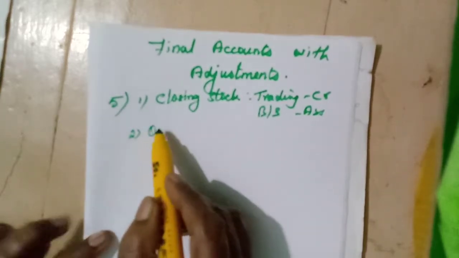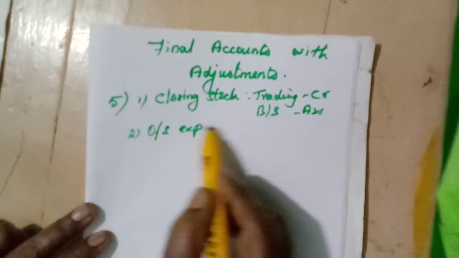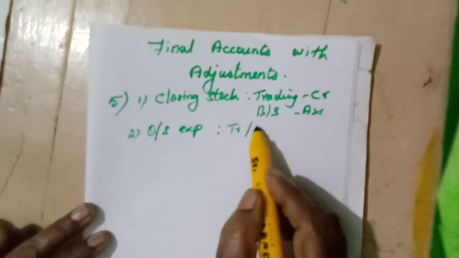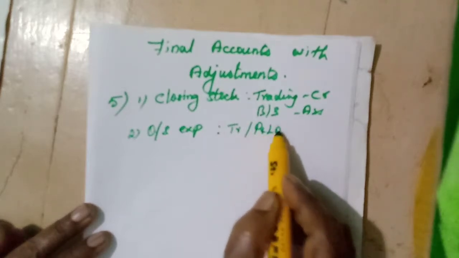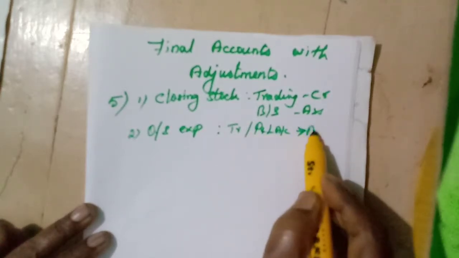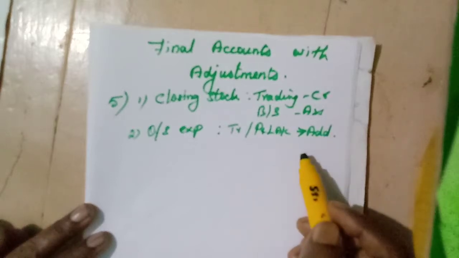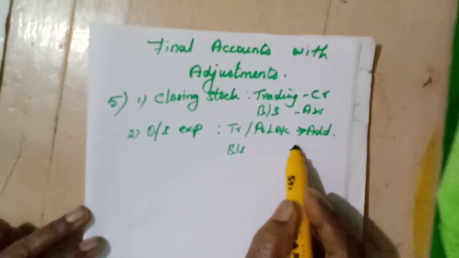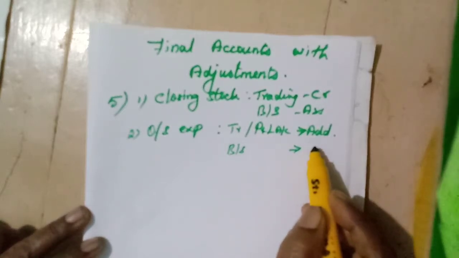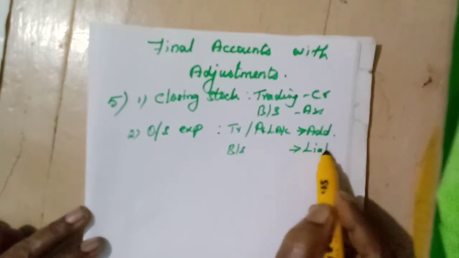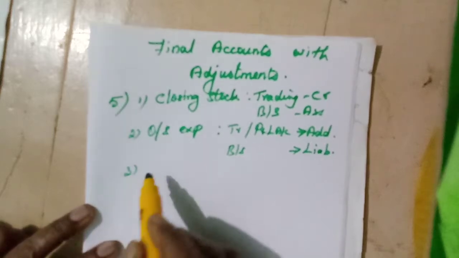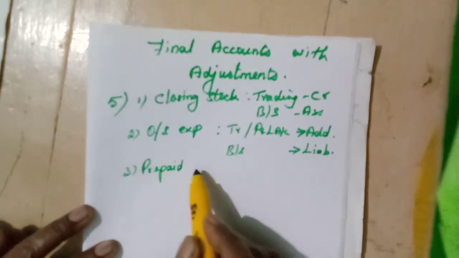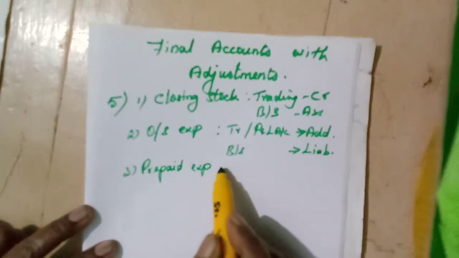Second one, outstanding expenses. Either in the trading account or in the profit and loss account, we should add it along with the expense. In the balance sheet it will appear on the liabilities side. Third one, prepaid expenses, unexpired expenses.